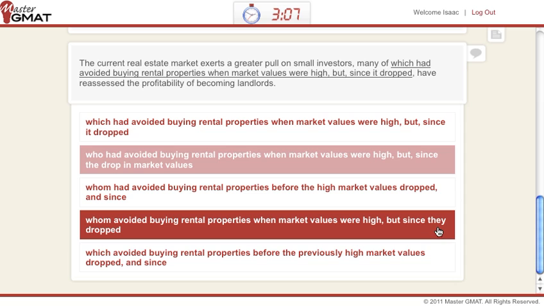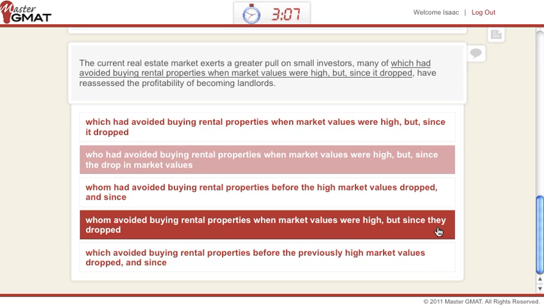Well, suddenly we have a different pronoun over here. Pay attention to this. No longer are there any grammar errors in these two answer choices. So what do we do next? We look for stylistic issues, and one of the stylistic issues is ambiguity with pronouns. If a pronoun is not clearly defining what it's supposed to replace, then we have an ambiguity problem.